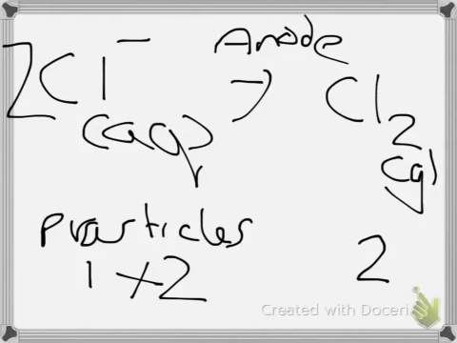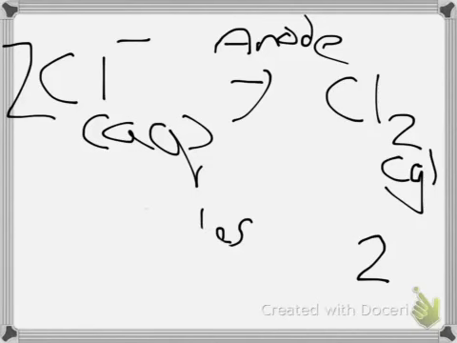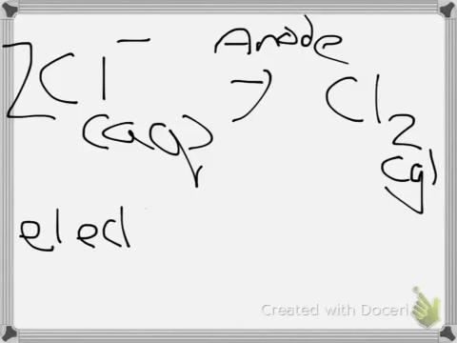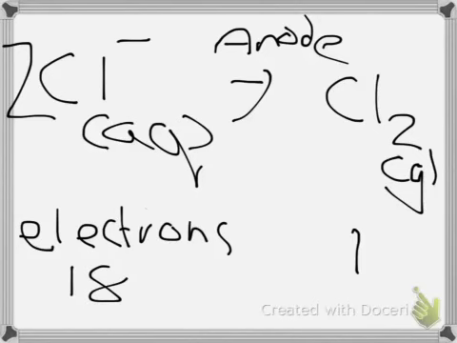Once I've done that and we're happy at that stage, I can look at what's happening with the charges. Again, I can look at the number of electrons. Each of my chlorides has 18 electrons. Each of my chlorines has 17 electrons.